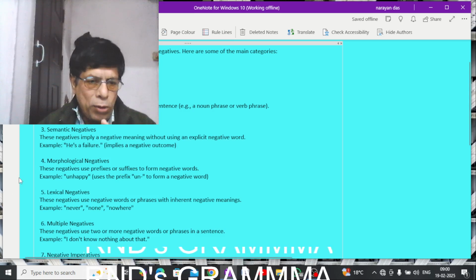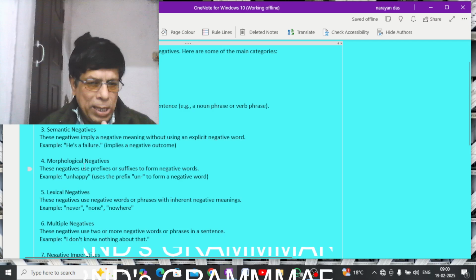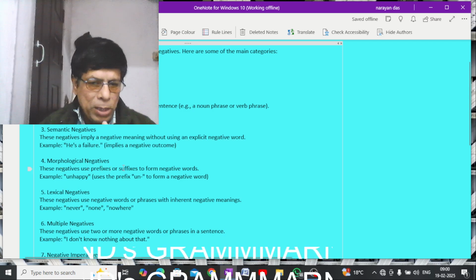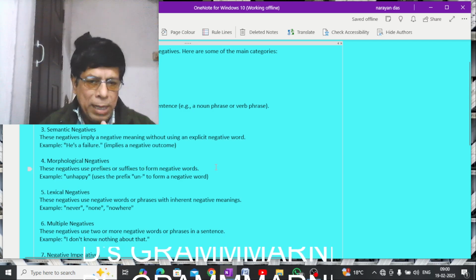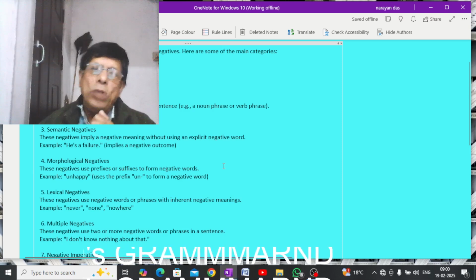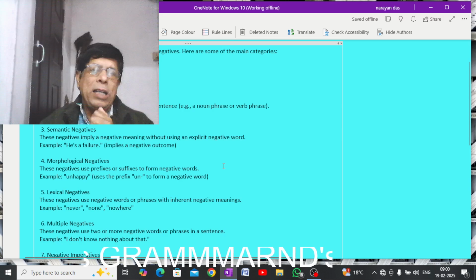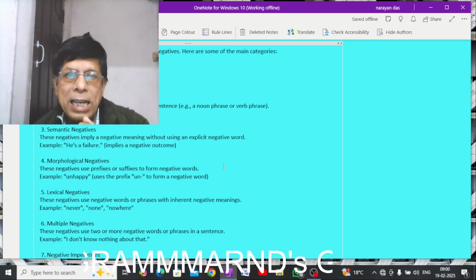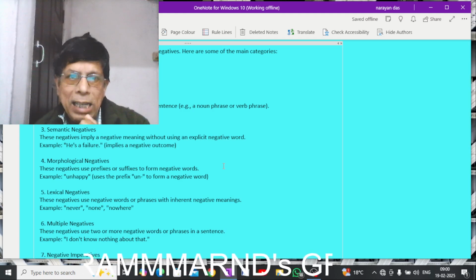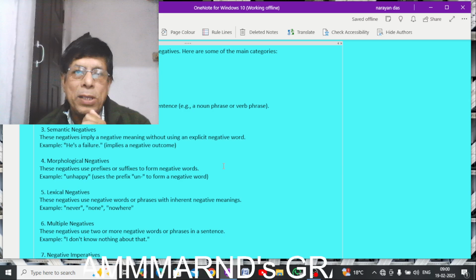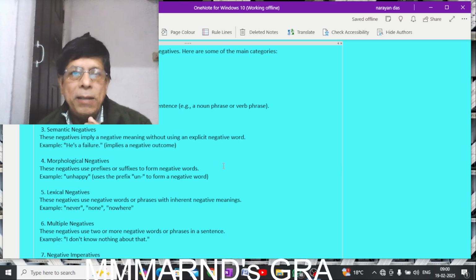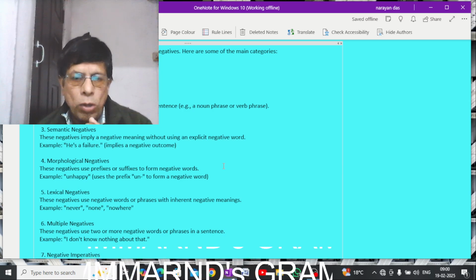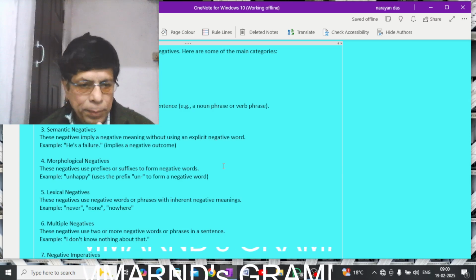Now morphological negatives. These negatives use prefixes or suffixes to form negative words. Actually, those are negative prefixes such as un, dis, mal, in. These are negative prefixes which can be added before a word to make the word negative.